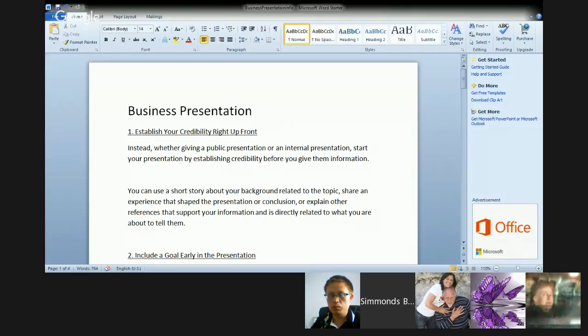It says you can do this by using a short story about yourself, something that happened, things that you're going to demonstrate in this presentation. Lucia, believability. I'm not sure if that's a real word, but I like it. If someone or something has credibility, people believe in them and trust them. Perfect. Great examples of this.